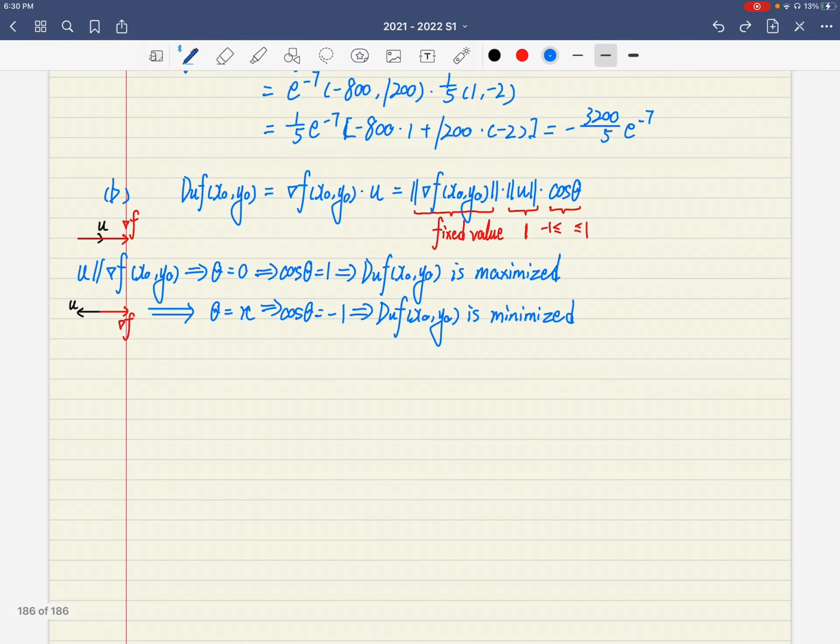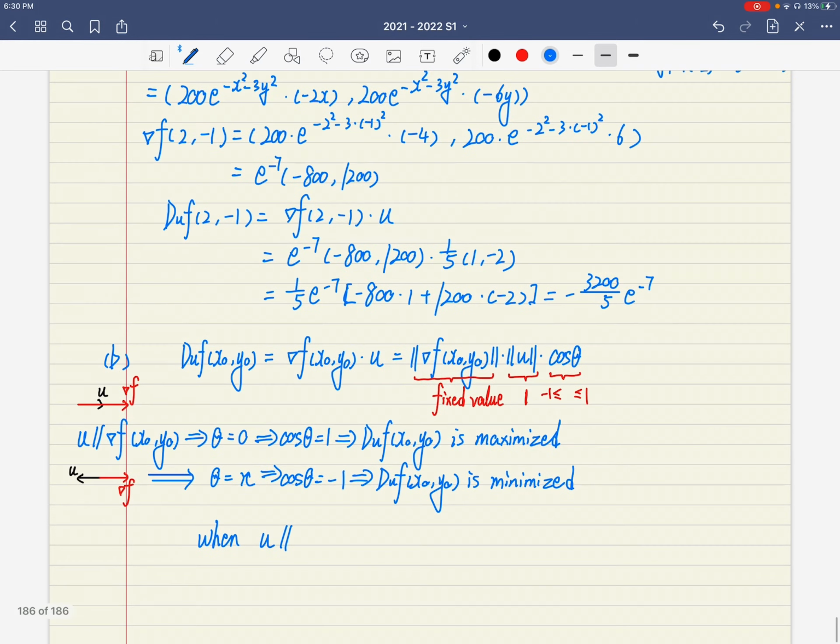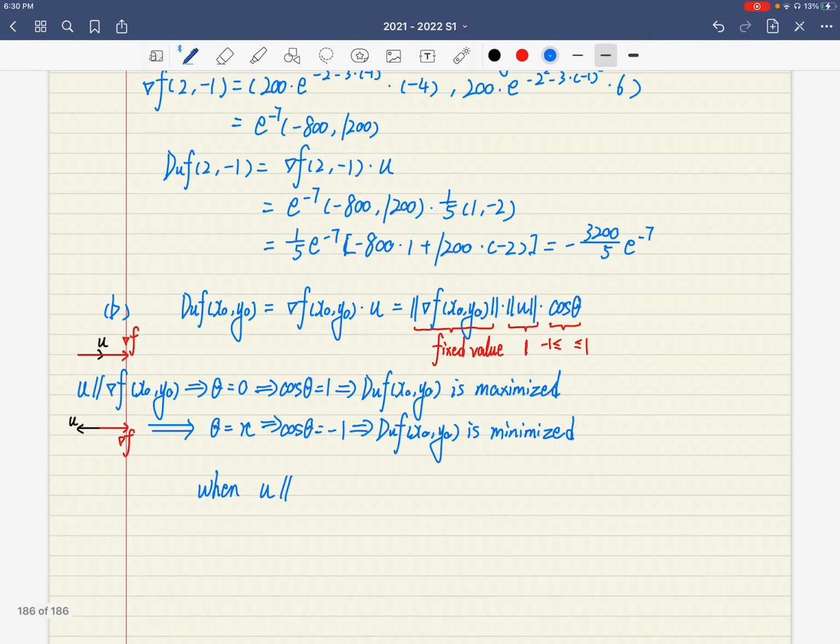So when u is in the same direction as this gradient vector, sorry, not parallel, in the same direction.